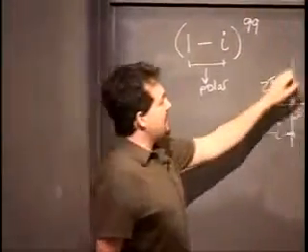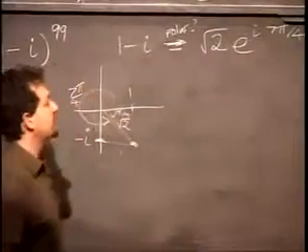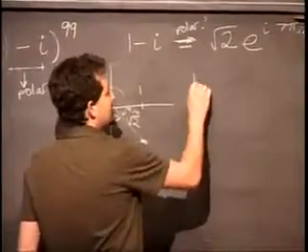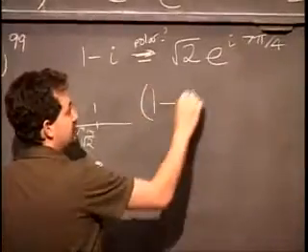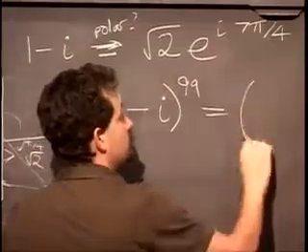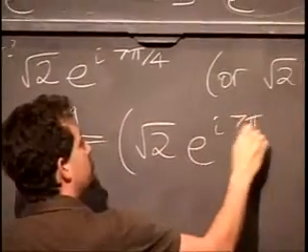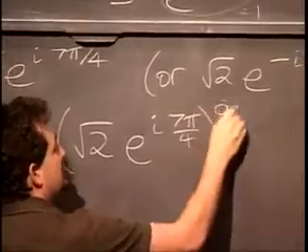So anyway, we have 1 minus i is equal to root 2 e to the i 7 pi over 4. This means that if we take 99th powers of both sides, (1 minus i) to the 99 is (root 2 e to the i 7 pi over 4) to the 99.